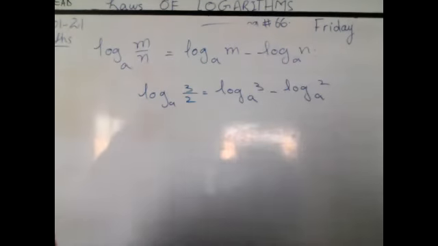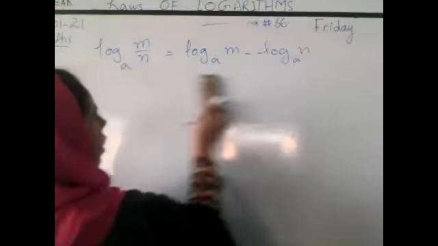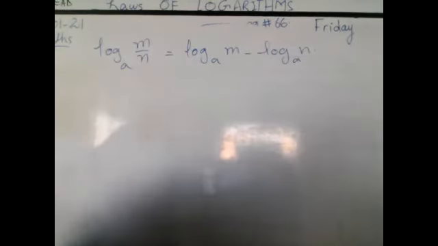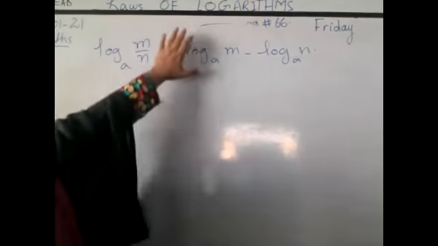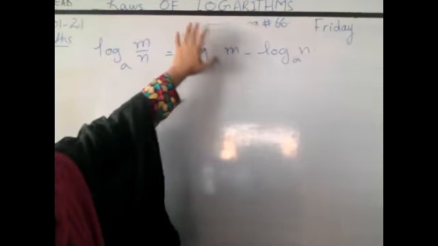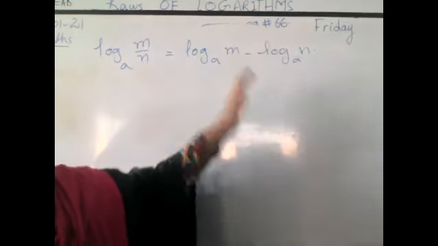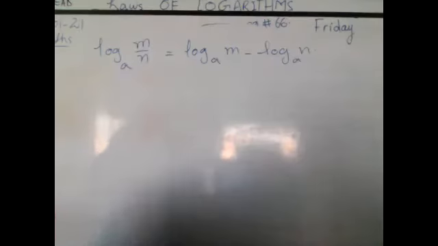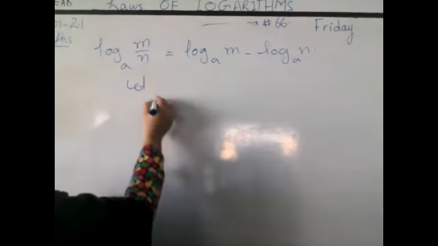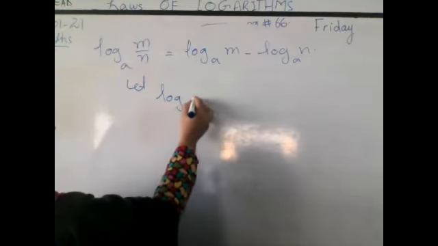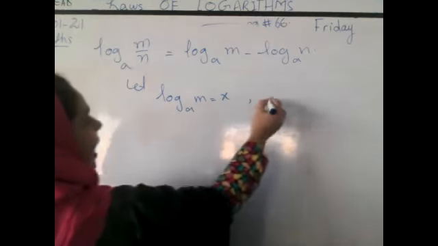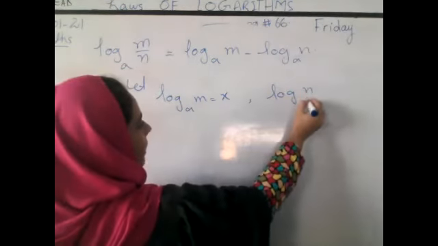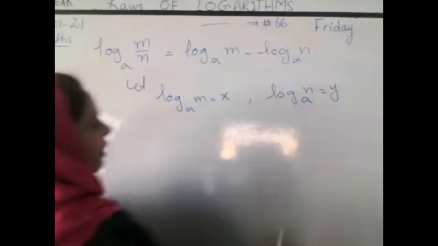Now we are going to do the proof of that law. As in part 1, in the first law, you supposed the first term as x and the second term as y. Similarly, in this law, you will suppose what? Let log m to the base a is equal to x and log n to the base a is equal to y.